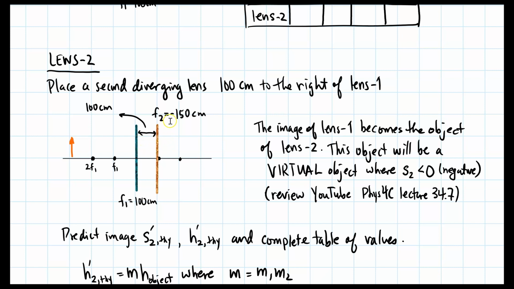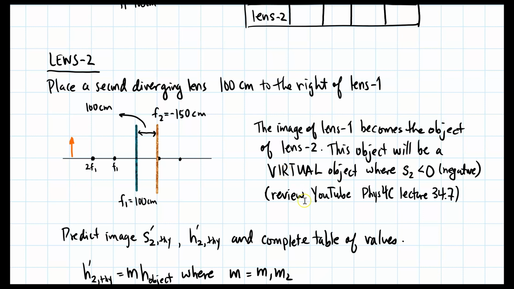So when I put that lens there, you're going to see that the image of lens 1 becomes the object of lens 2. But that object is going to be virtual. That means it's going to be on this side of the lens. So when I mathematically calculate that, this object S2 is negative, not positive. Again, review my YouTube Phys4C lecture 34.7, where we deal with virtual objects.